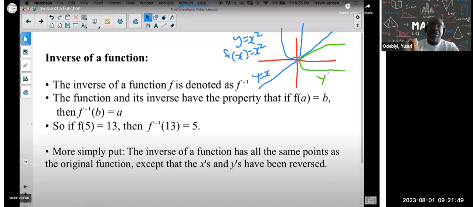Let me back up a little bit. When we say inverse, wherever the x and the y are, they switch locations. So now I have x equals y squared.